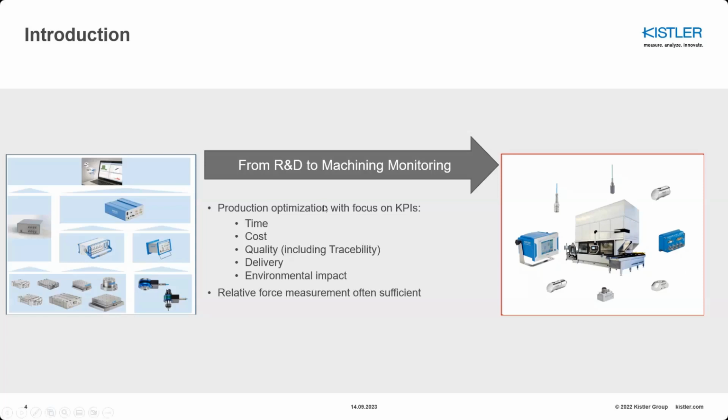Often when it comes to production optimization with a focus on those KPIs, we are not talking about absolute measurement technologies. In some cases, even relative force measurements are sufficient, because you really would like to see the change between a normal state of the process or machine and the abnormal state, right? So it can be relative.